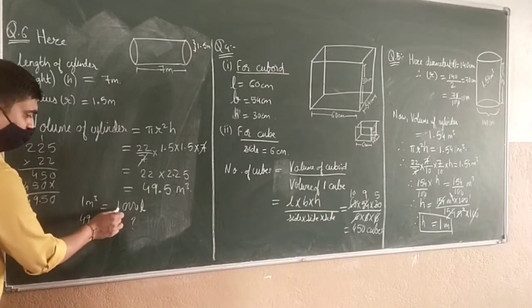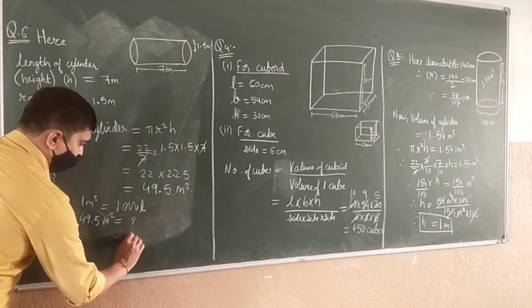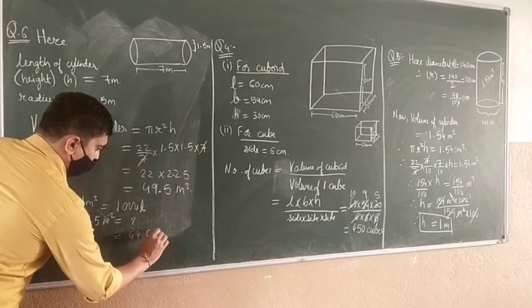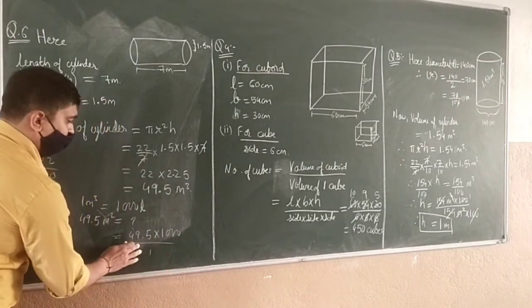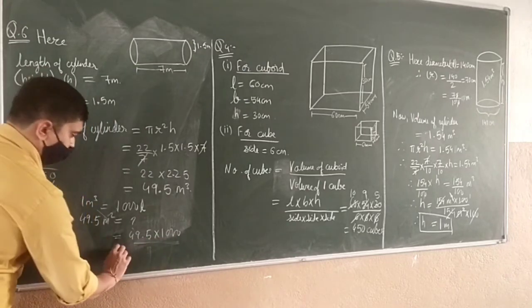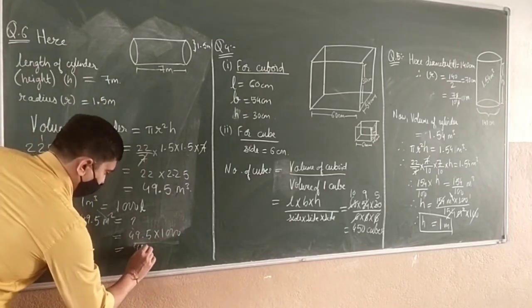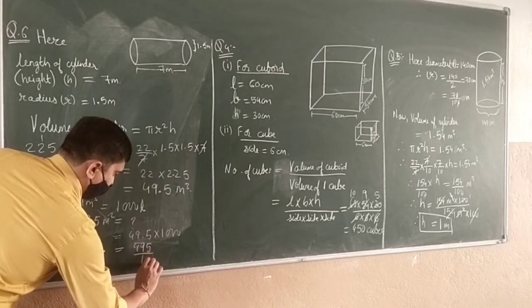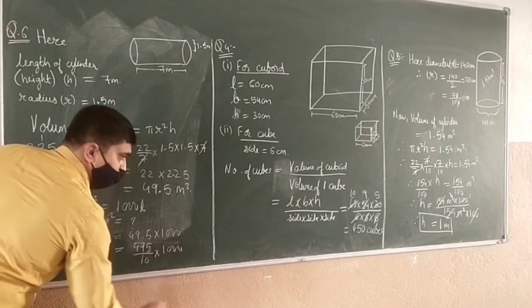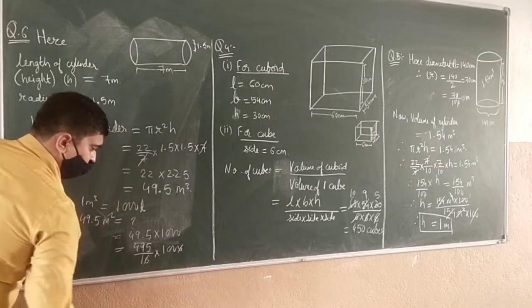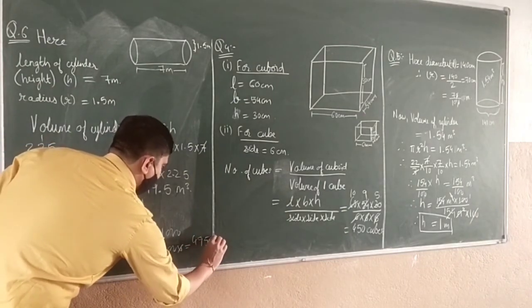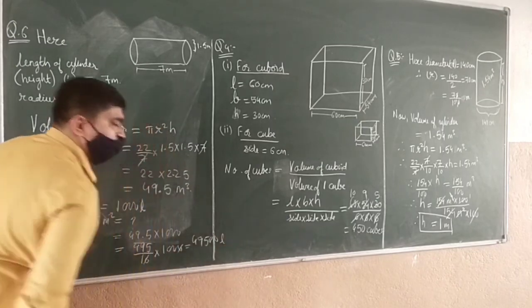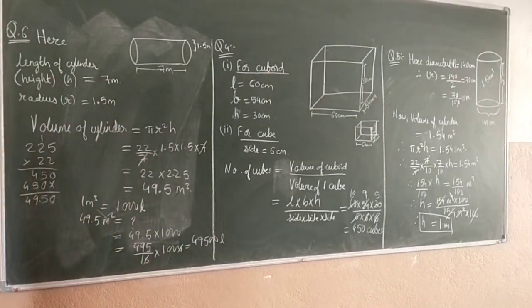We will cross multiply and find the result. 49.5 into 1000 divided by 1, which is not necessary. So 49.5, can I write 495 by 10? Multiply by 1000, right? The zeros will cancel out. Now we multiply. We will get 49,500 liter of milk. Understood everyone? Any doubts? No.